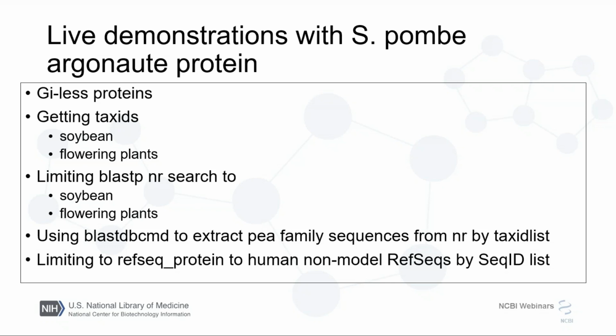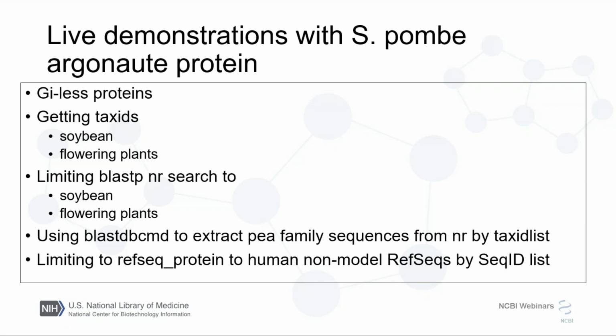And we'll show how to limit a BLAST-P search against NR to those particular taxa. We'll show you how to extract certain sequences from NR using the tax ID list. And we'll show you how to use a seq ID list that's been converted to a binary form so that it works much faster. So I'm going to escape out of my slides here.